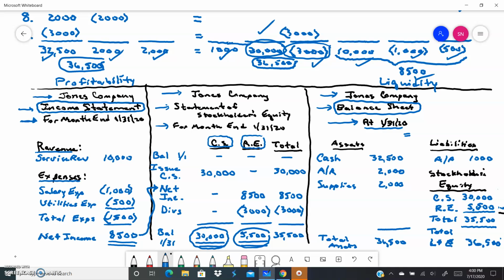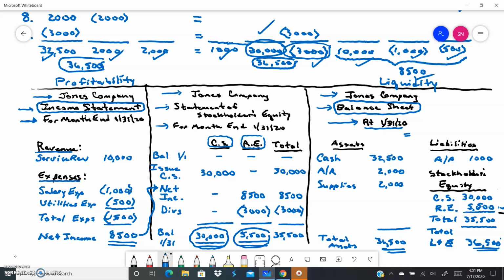But again, $36,500 and $36,500, I'm in balance. So my balance sheet is in balance. My financial statements are in balance, and that's because all my transactions up above were all in balance. And if I prepare my financial statements properly, my balance sheet should end up being in balance because all my entries were originally all in balance.